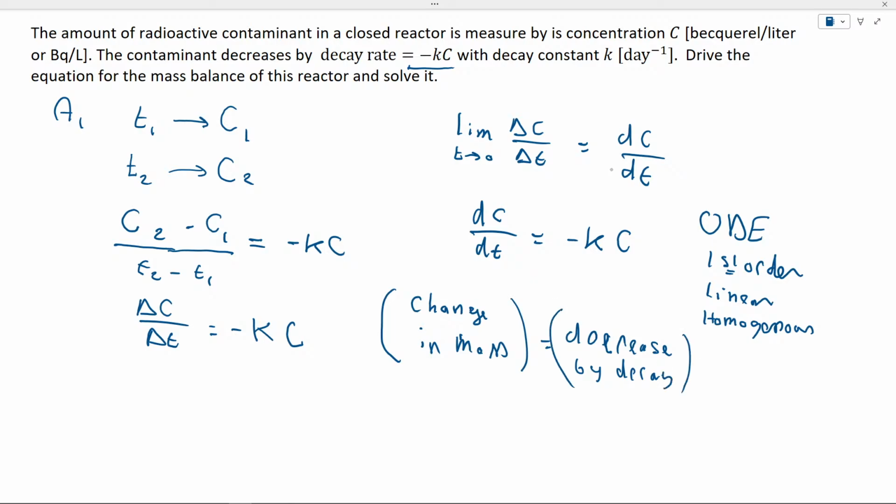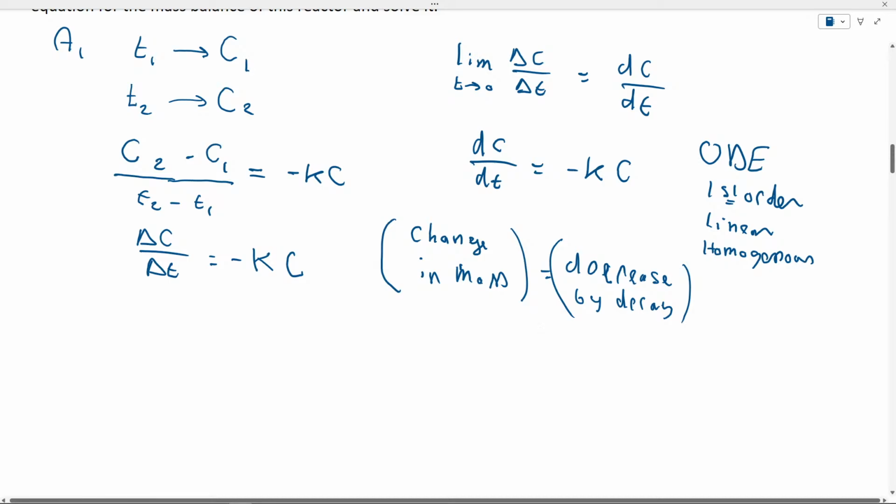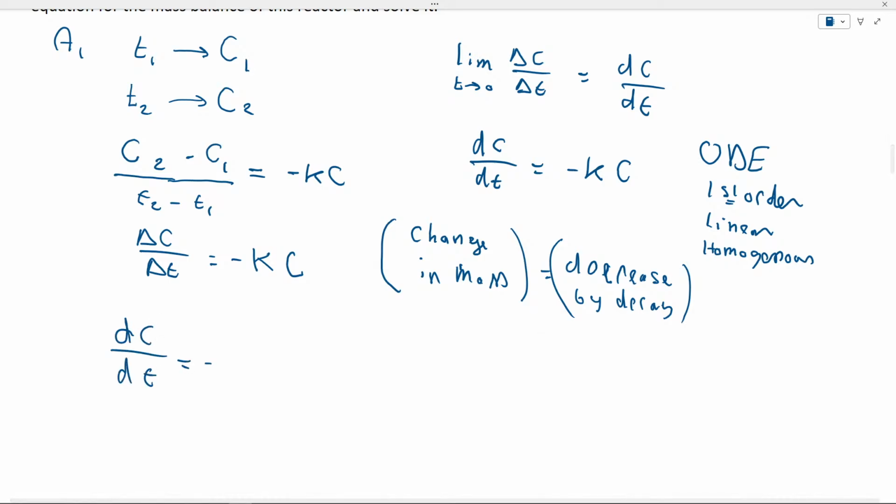So the change of mass is equal to the decrease by decay. So now we have an equation. So I have dc is equal to negative kc. But this is not exactly what I want.